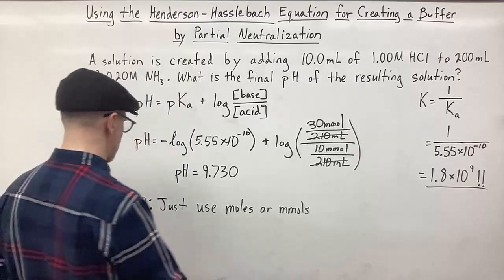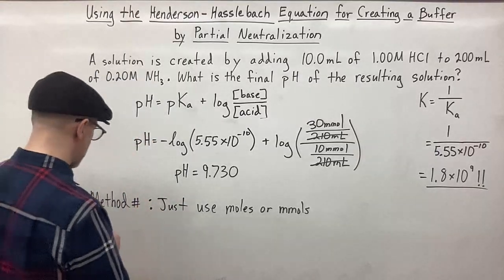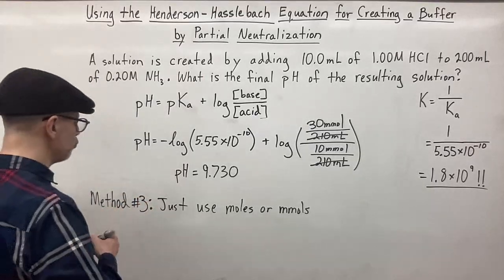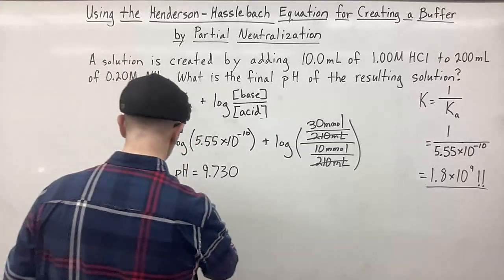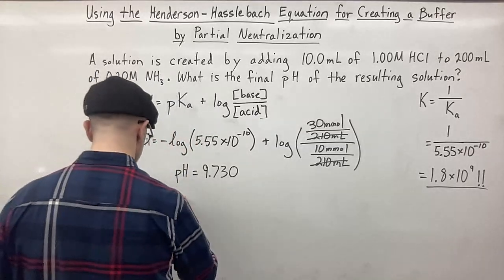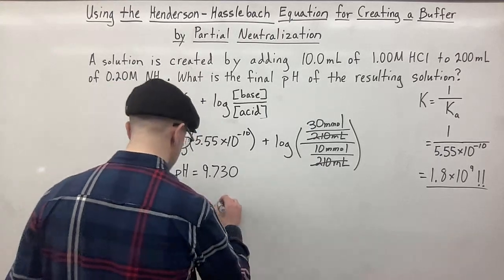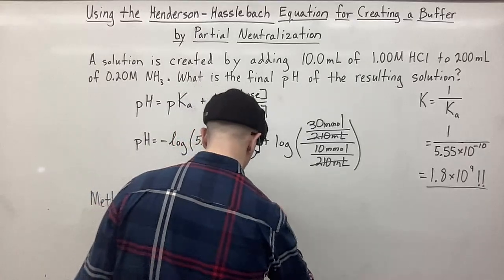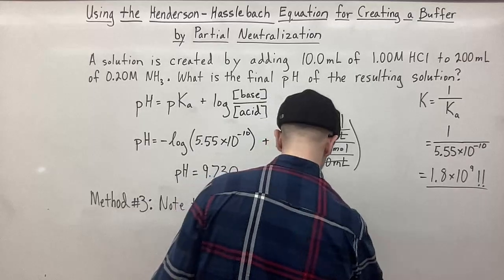Now, the third method, using the Henderson-Hasselbalch equation, method number 3, is to note the fractional amount reacted.